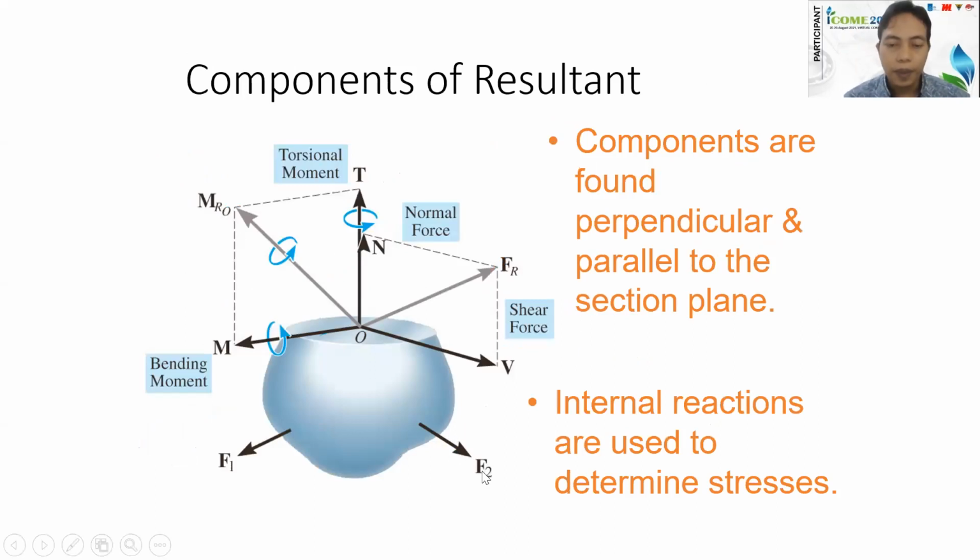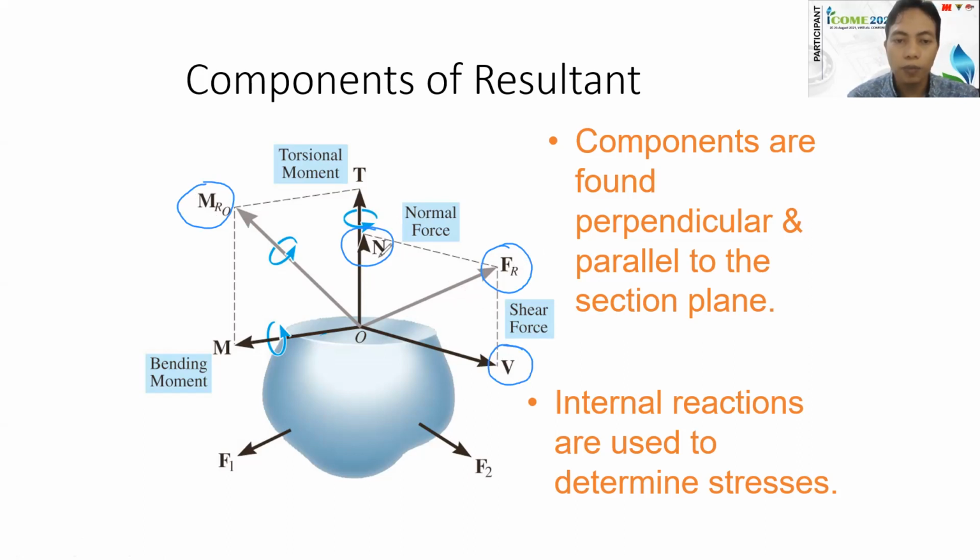Okay, so having those resultants, force resultant and moment resultant, will allow us to decompose those resultants into components. So for example, here, after knowing the resultant of internal force and internal moment, we can decompose the force into normal components and shear components.